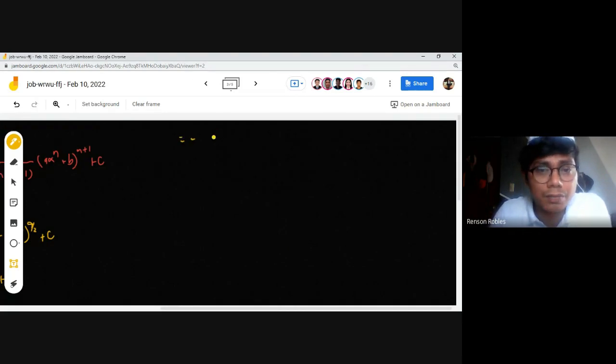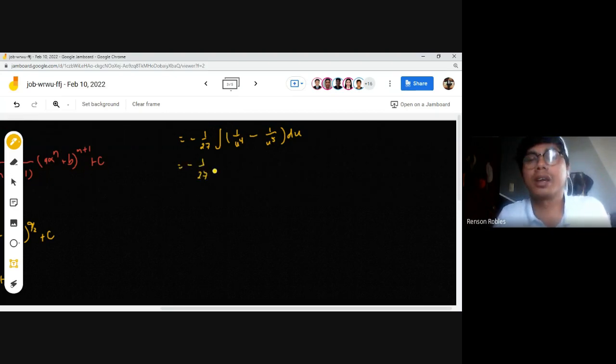So that would be negative 1 over 27, and then you have the integral of 1 over u to the 4 minus 1 over u to the 5 du. And then we integrate negative 1 over 27, all right? Then you have negative 1 over u to the 4 minus 1, 3, then minus 1 over u to the 5 minus 1, 4, then oppose the sign, then plus c.